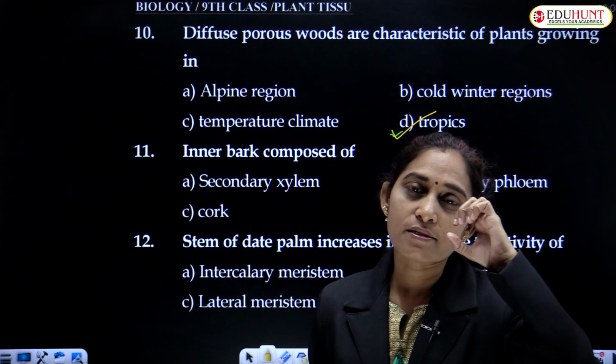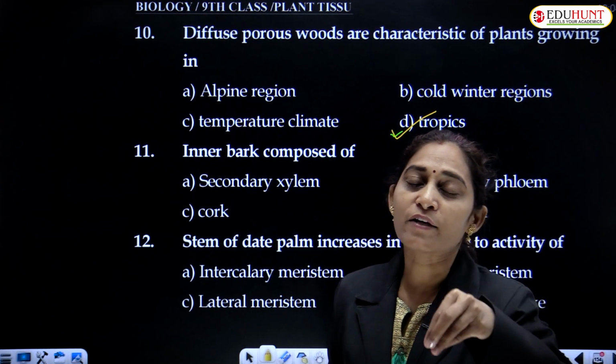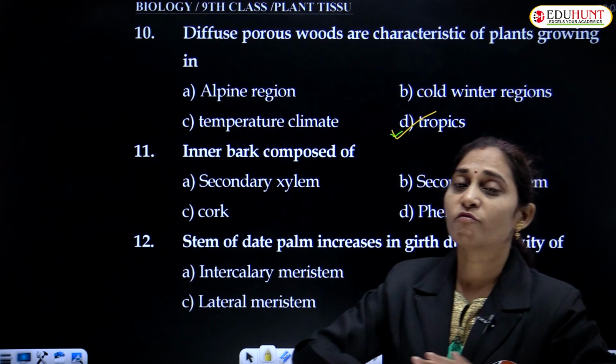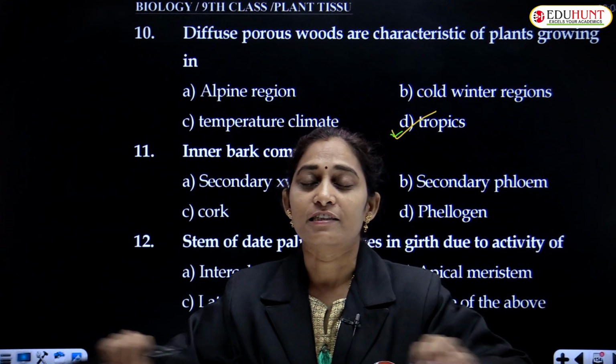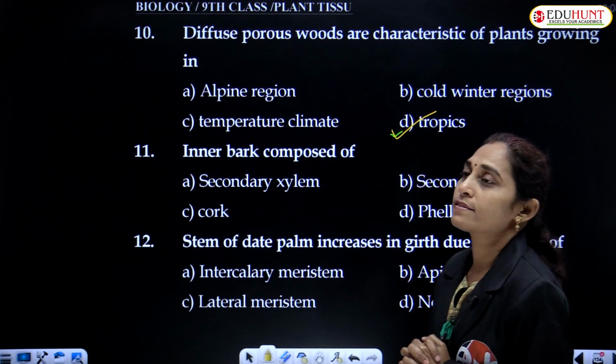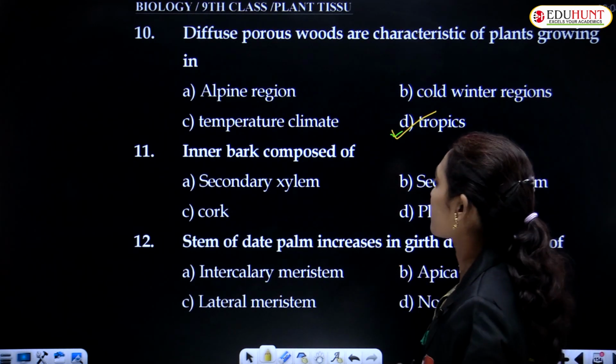These large vessels look like pores. In this kind of porous wood, the xylem vessels are scattered, diffused, that is why it is called diffuse porous wood, and it is the characteristic feature of plants that grow in the tropics.